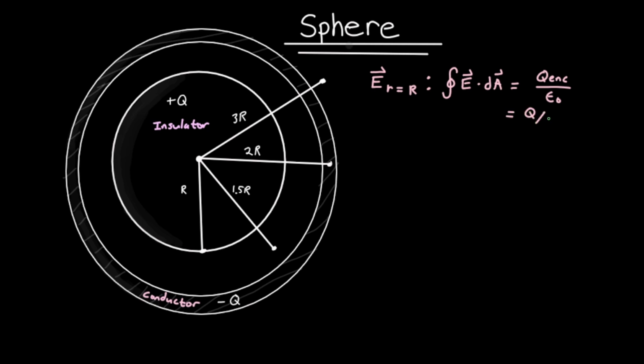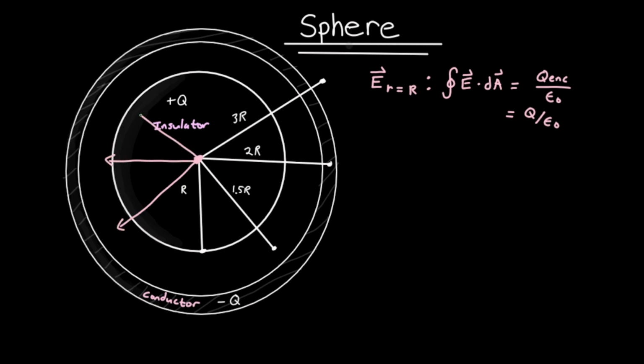So the q enclosed is just q, therefore resulting in q over epsilon naught. Now, to simplify the E dot dA, since we're outside of the entire insulating sphere, let's pretend that the entire charge enclosed is centered at the very center of the insulating sphere.